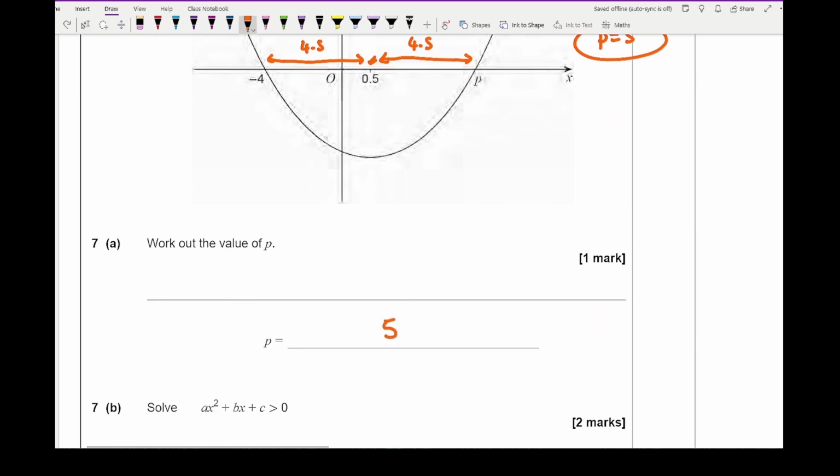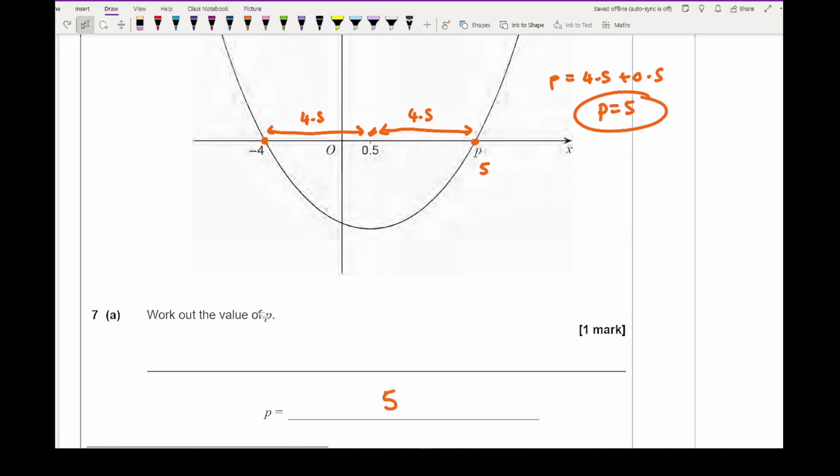It then says solve ax squared plus bx plus c greater than 0. So first things first, we need to find the equation of the curve. As one of the roots is minus 4 and the other root is 5, in order to get root of minus 4, x plus 4 must be one of the brackets, and the other bracket is going to be x minus 5, and that is greater than 0. Now this bit here represents the curve, and we're wanting where the curve is above 0.